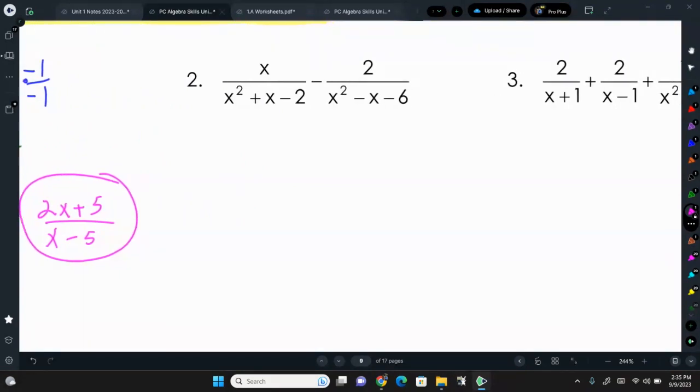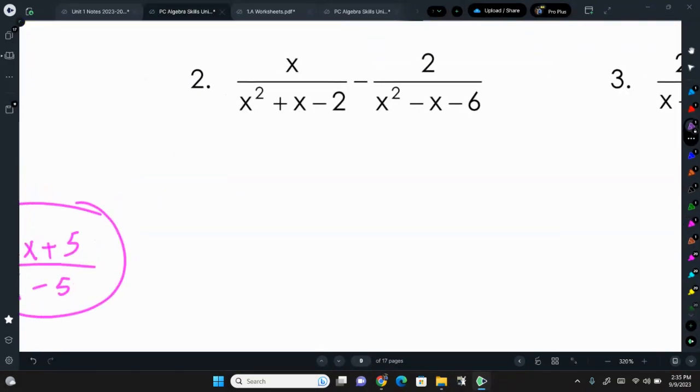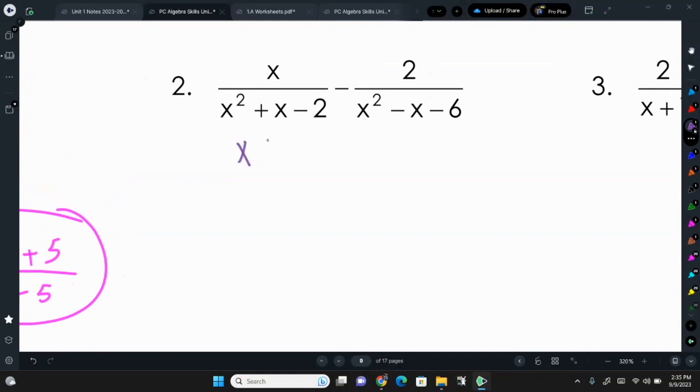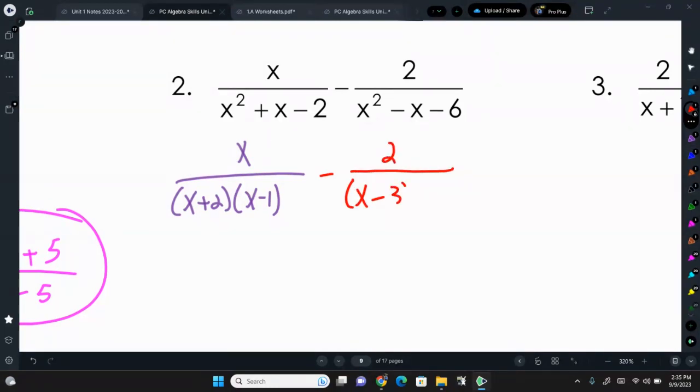All right, number 2. Right now it doesn't look very nice, so we're going to factor both denominators. So the first denominator becomes x plus 2 times x minus 1 minus 2 over, this becomes x minus 3 times x plus 2.